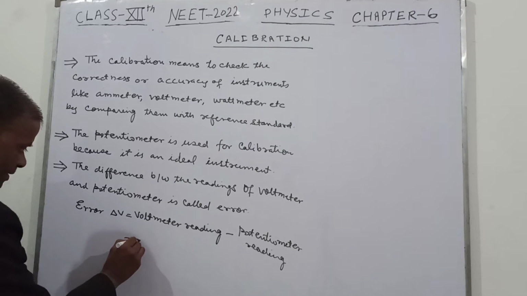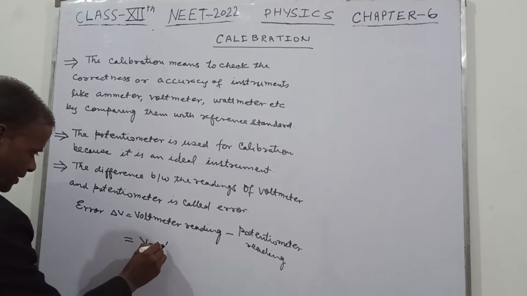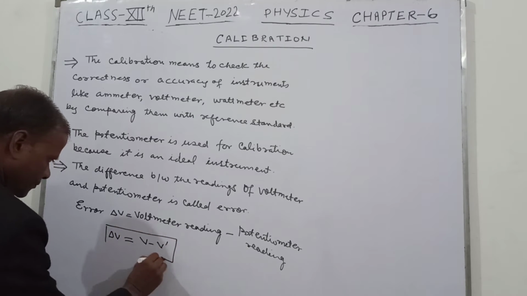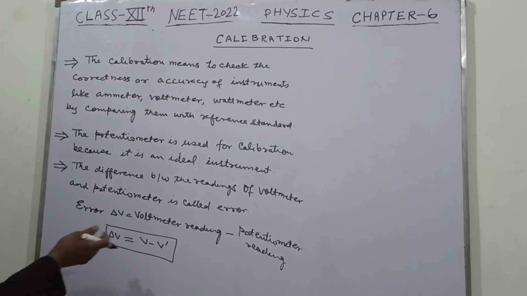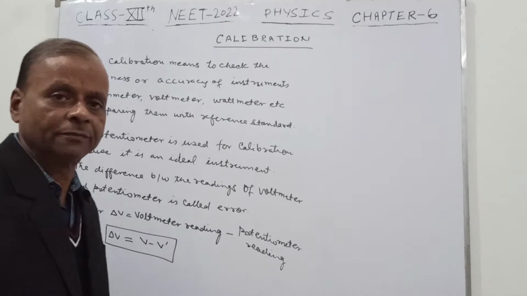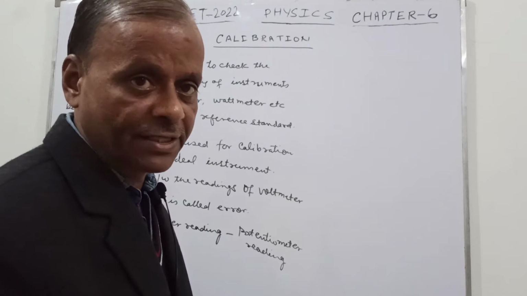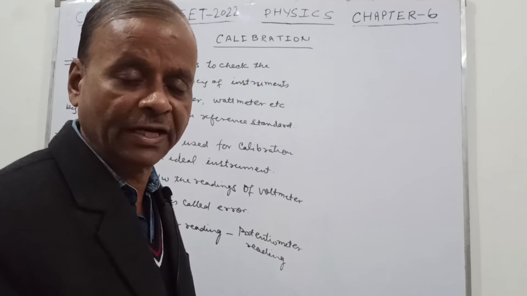And voltmeter reading is now V, this is now your V dash, so this is now your delta V. Now this error may be positive, negative or zero depending upon whether V is equal to V dash, V more than V dash, V less than V dash.